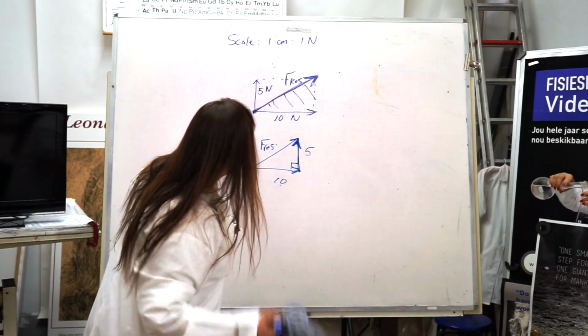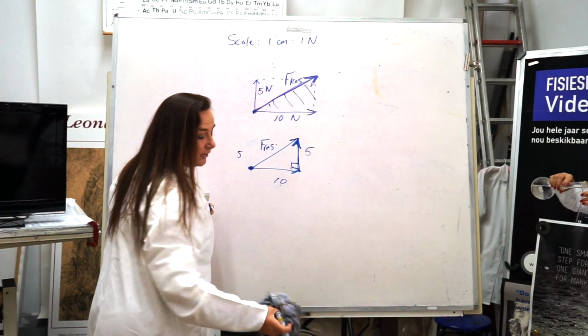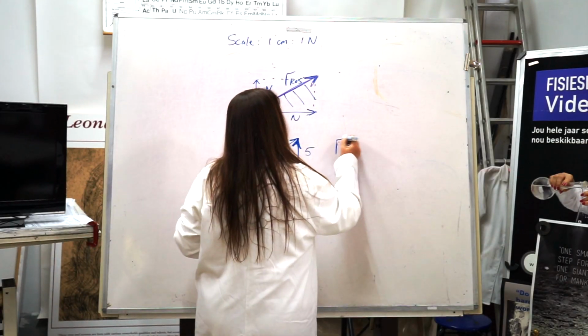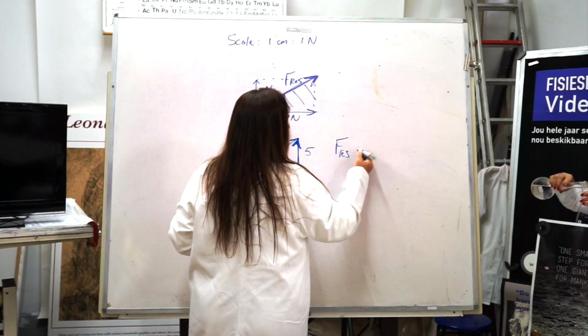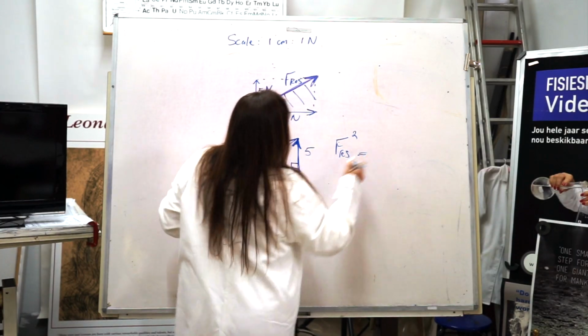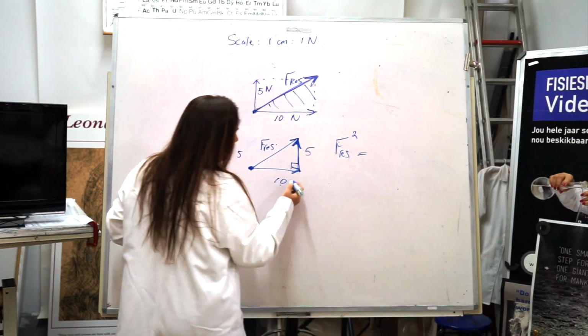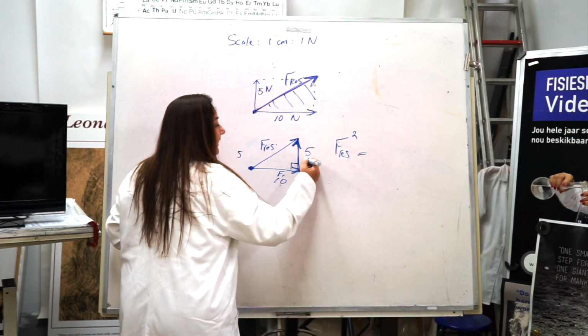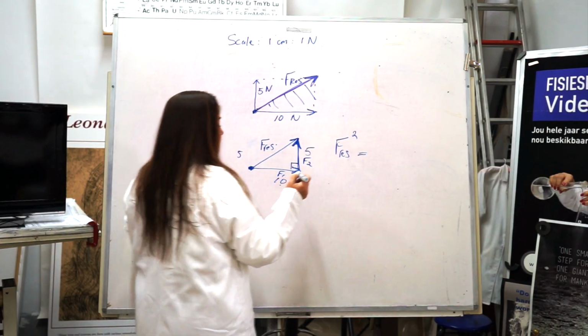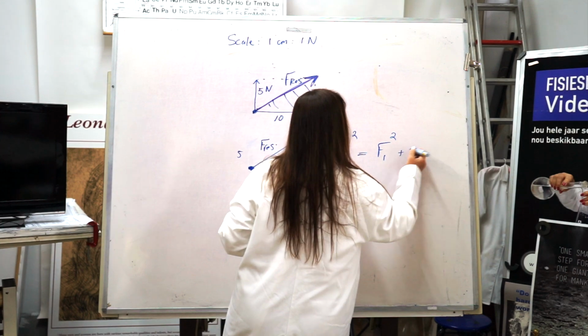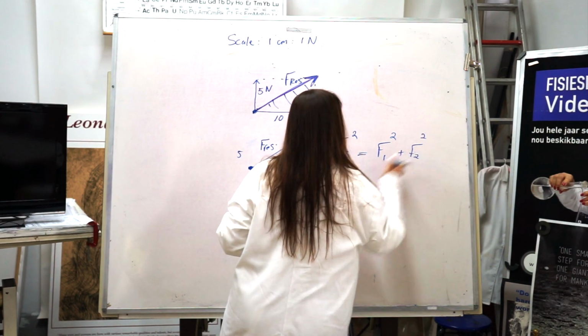Then I'm going to use Pythagoras, which says my F resultant force, squared, is going to be, let's say I call this my F1 and I call this F2, my F1 squared plus F2 squared.